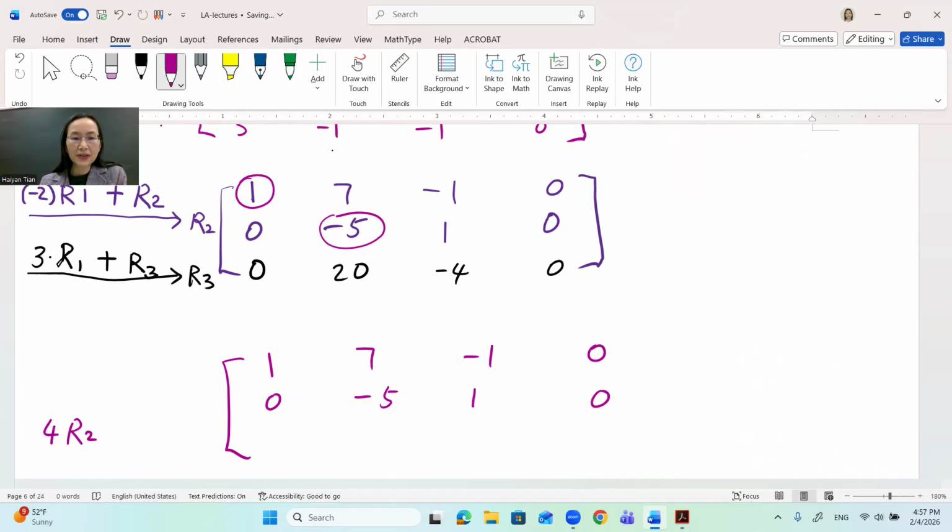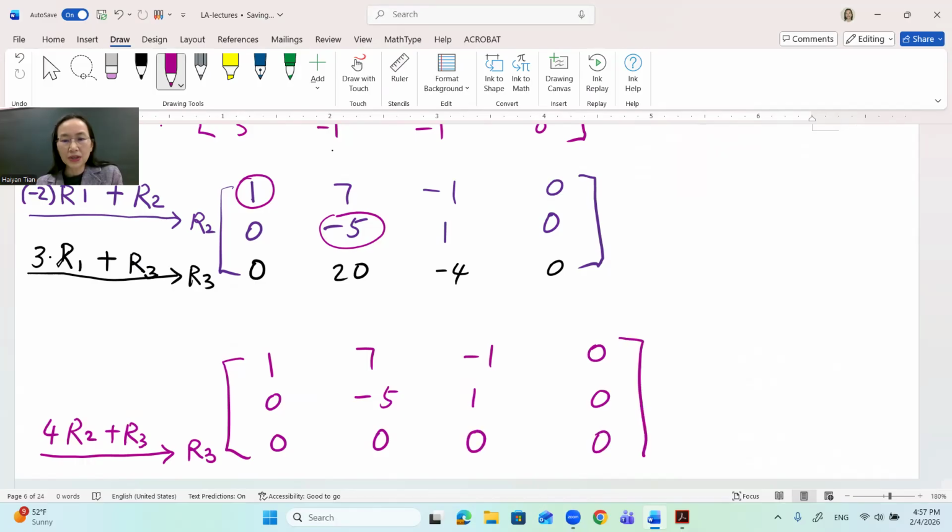A multiple of the second row will be added to the third row. So now it is a replacement of R3, the third row. So you see, once you add this multiple of the second row to the third, you get a 0. So the 0 multiple added to 0 again. Then 4 times 1 is being added to -4. And we get a row of zeros.